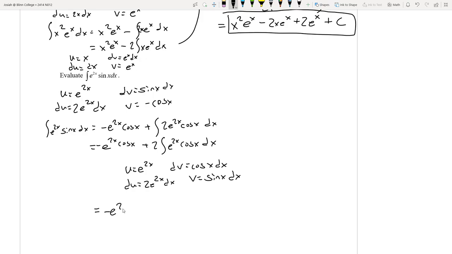And so we'll go ahead and put this in now. Negative e to the 2x cosine of x plus 2 times whatever this integral turns into. u times v, so e to the 2x sine of x. Oops, that shouldn't have a dx on it, should it? There we go. Minus integral of v du, so 2e to the 2x sine of x dx.